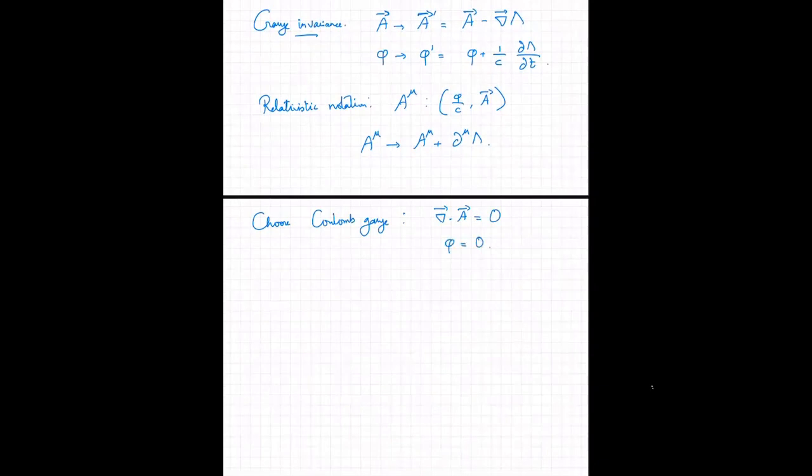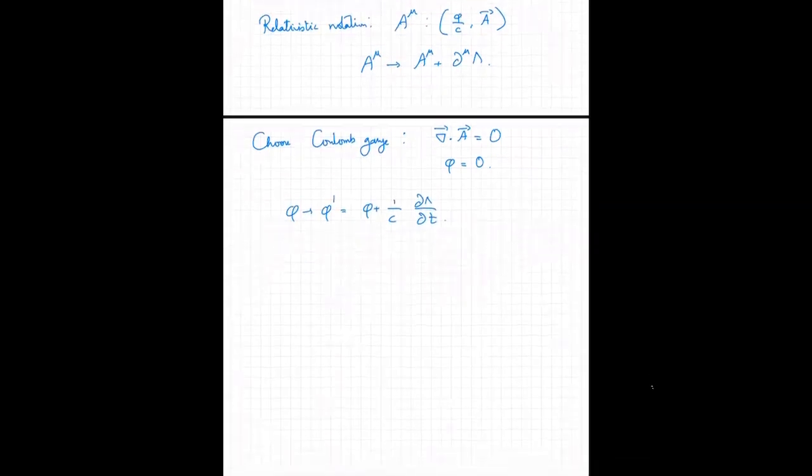Okay. Now this is not so unreasonable as you might think, because phi equal to 0 simply means that I've chosen a scalar function lambda such that my phi prime is 0. Suppose I start with a phi that is non-zero, then I can always transform to another phi prime such that my Maxwell equations are invariant.